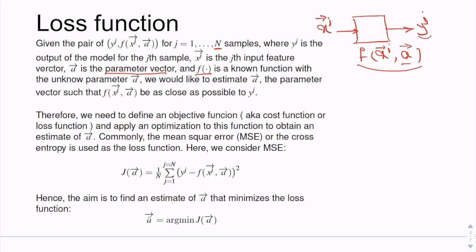So in here, I showed the mean square error loss function, or cost function, in which we want that for each sample, when we put in the input, the output of this function be as close as possible to the actual label.